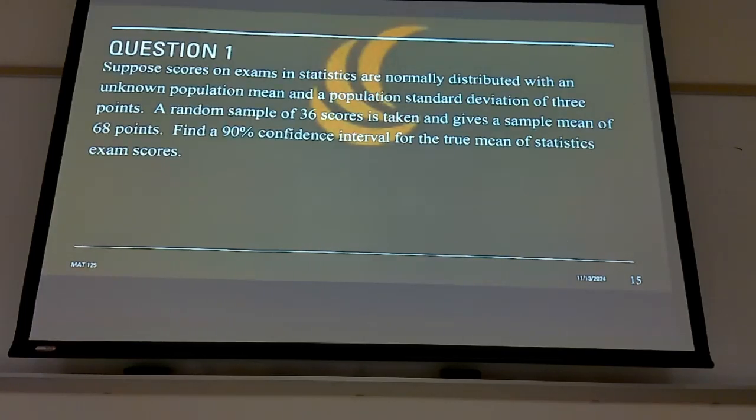A random sample of 36 scores is taken and gives a sample mean of 68 points. We want to construct a 90% confidence interval for the true mean of statistics exam scores. In other words, we want a 90% confidence interval for the population mean.